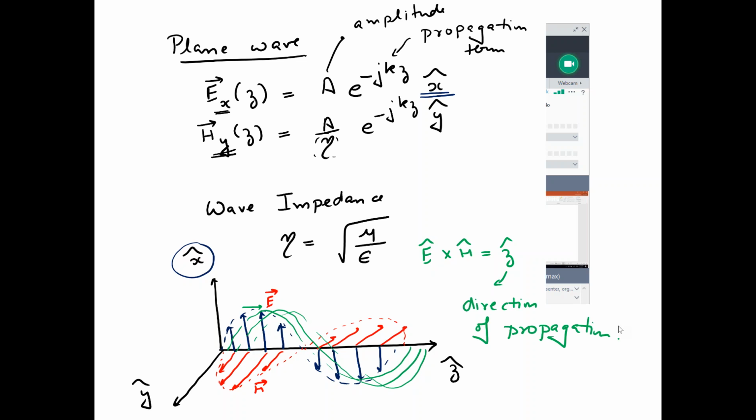These were the terms we were seeing. Let's move on now.